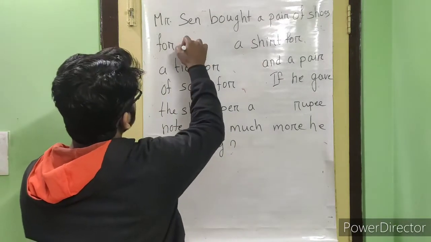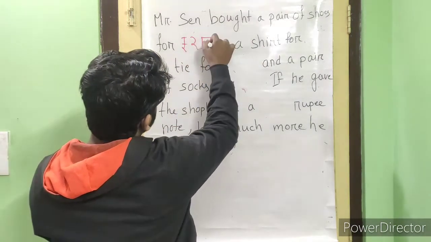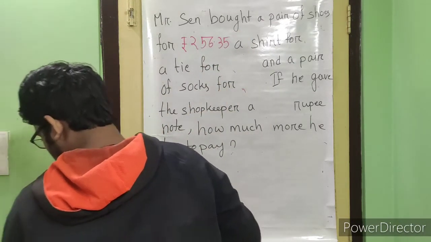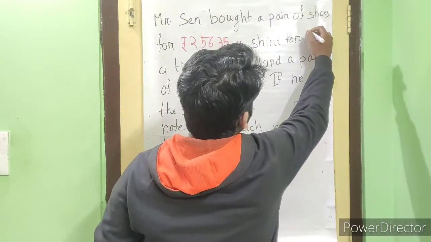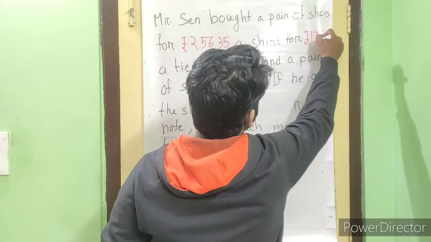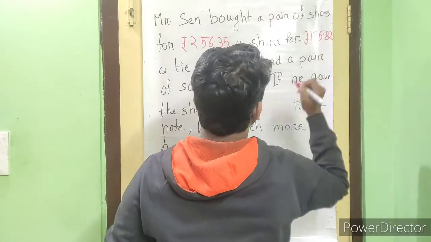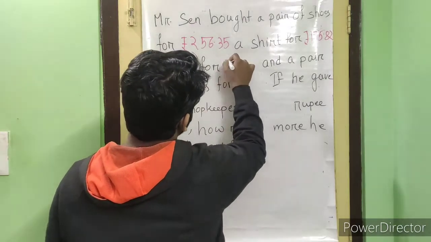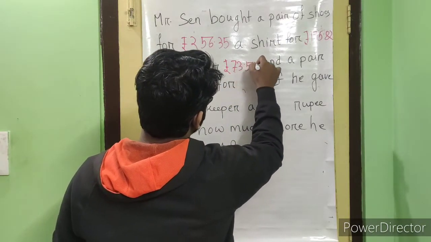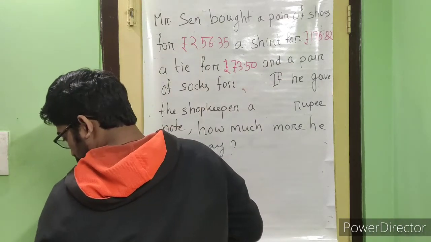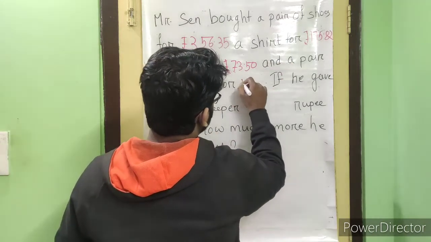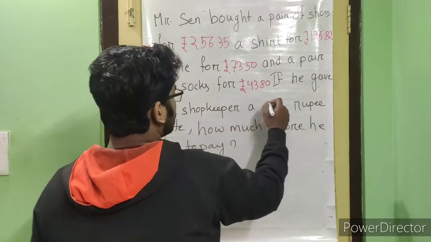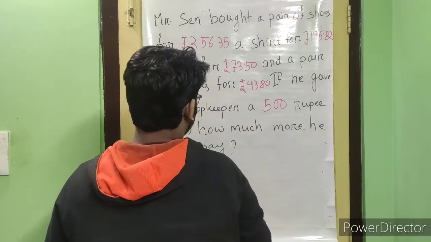A pair of shoes for rupees 256.35, a shirt for rupees 175.82, a tie for rupees 73.50, and a pair of socks for rupees 43.80. If he gave the shopkeeper a 500 rupee note.